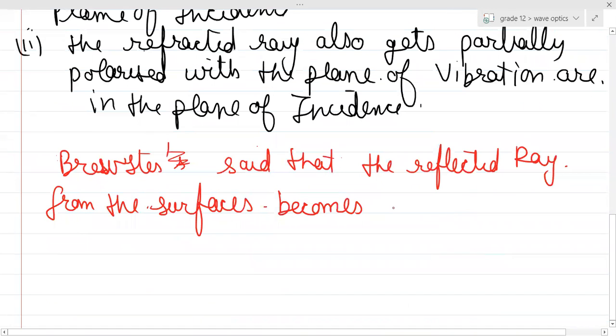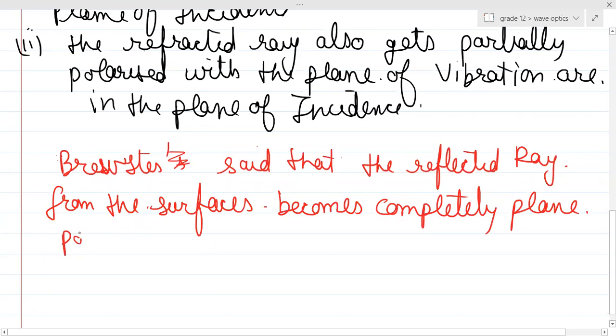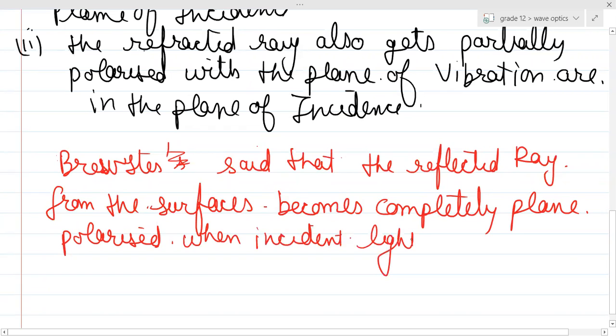So Brewster said that the reflected ray from the surface becomes completely plane polarized when incident light is at a particular angle.